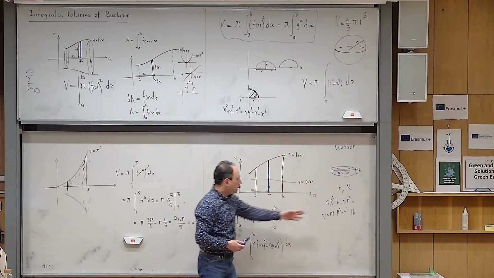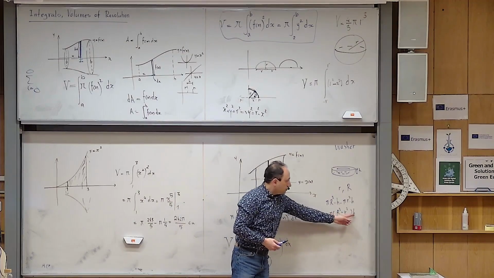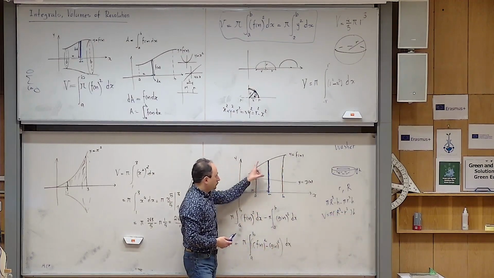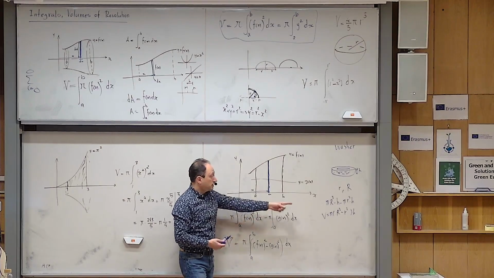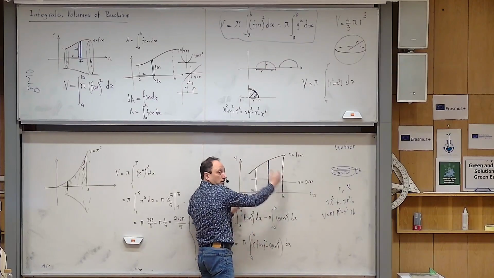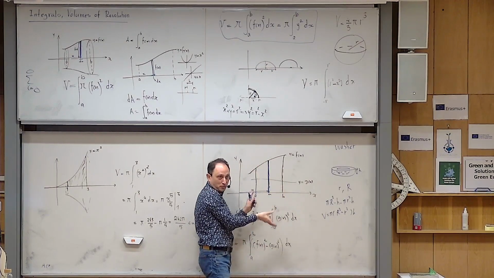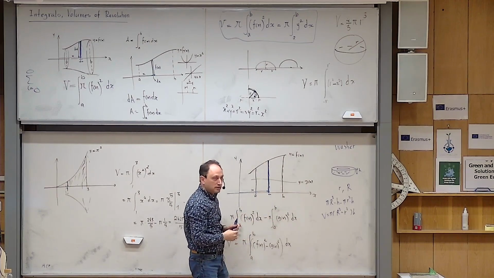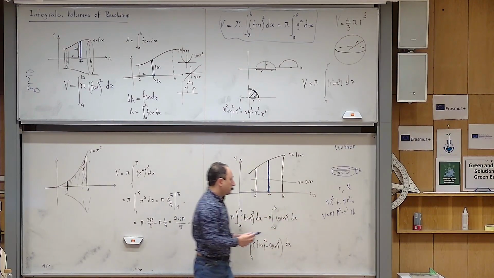Pi is constant. I need to understand what is playing the role of the thickness for that washer. I'm just talking about this narrow one, not the whole one. The whole one is not a washer. It's a very strange object. The thickness will be dx.